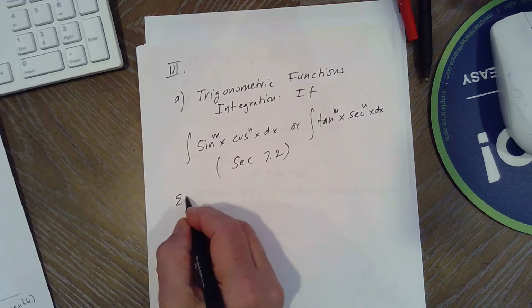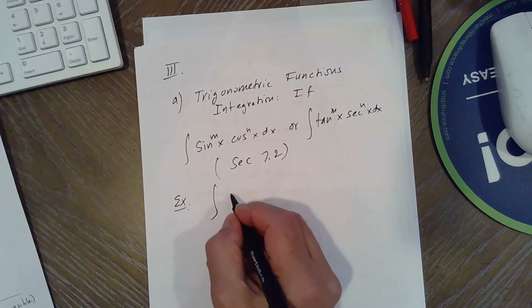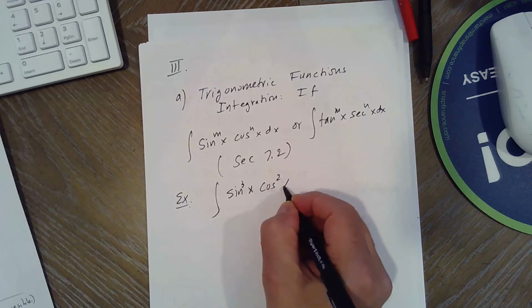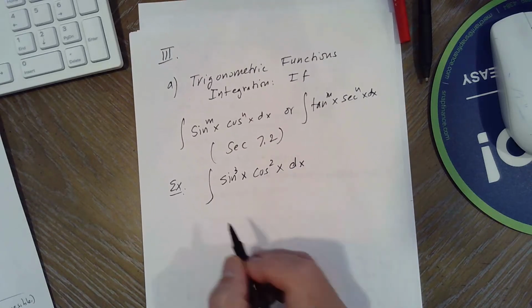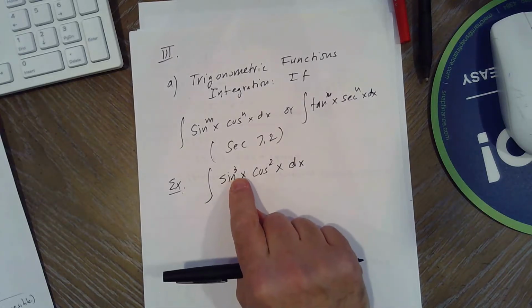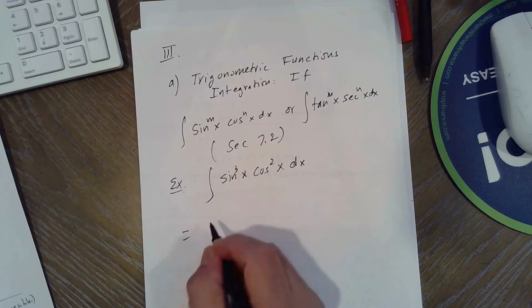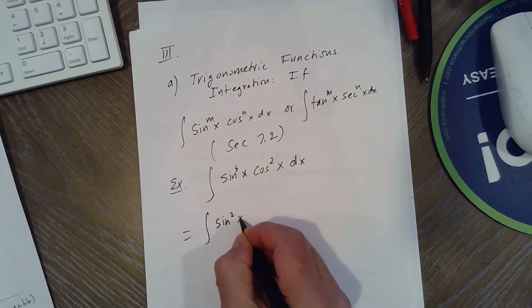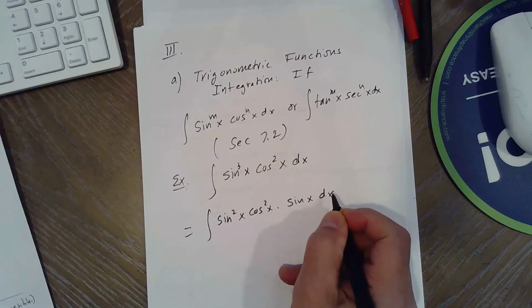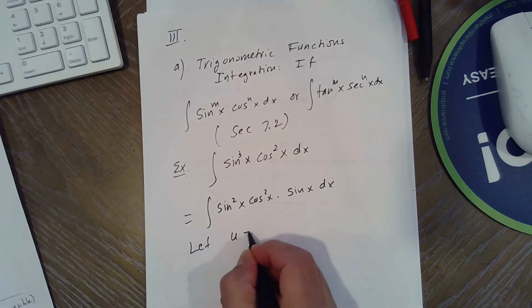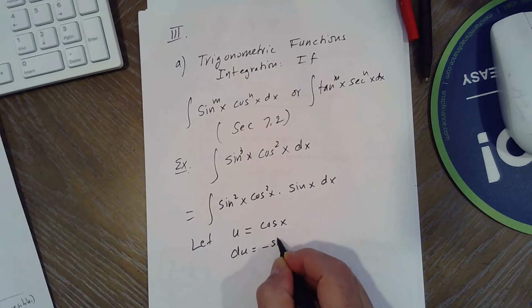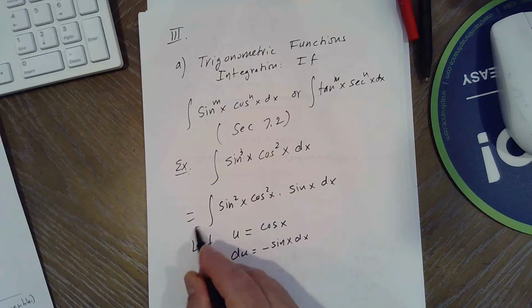For example, just to refresh your memories, if you're integrating sine cubed x cosine squared x dx, since sine has an odd power, we break down one of them, so we write sine squared x cosine squared x and then times sine x, and then we let u equal the other guy, which is cosine. So du is negative sine x dx.